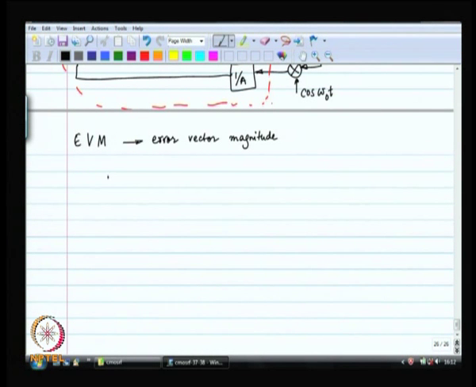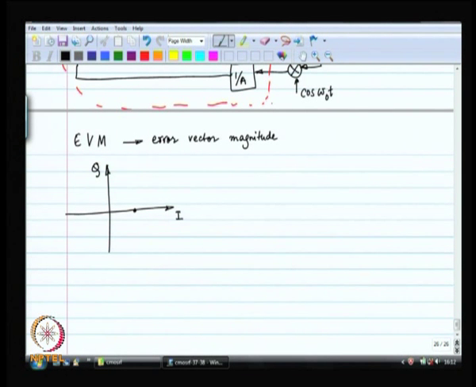So, it is like this. This is the in phase I, and this is the quadrature Q, all right. These are the in phase and the quadrature phase phasors that we are talking about.